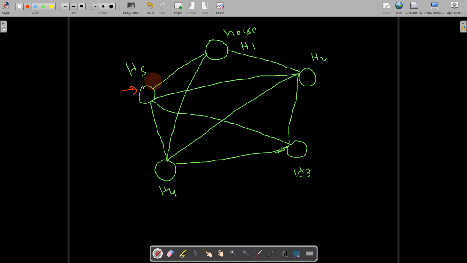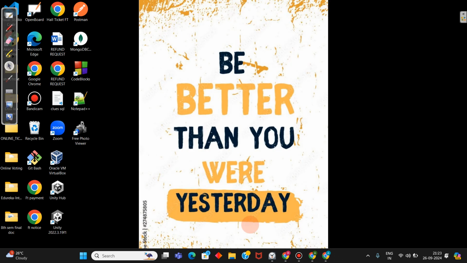That means he will start from H5. He wants a path such that he visits all the houses and comes back again at the starting point H5. So here the houses should not repeat more than once, and the roads cannot repeat more than once. This is known as a cycle.